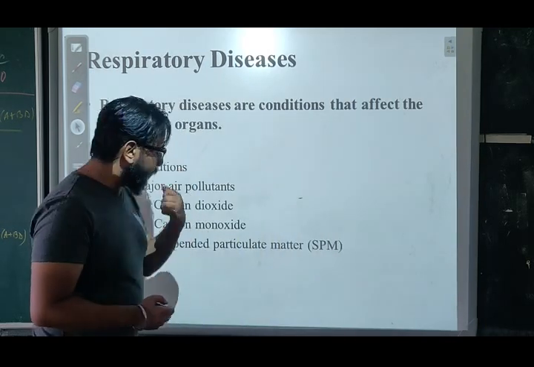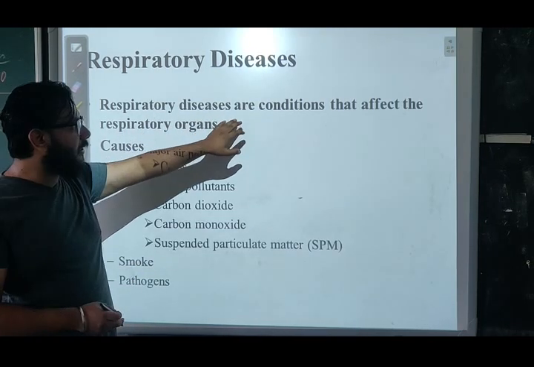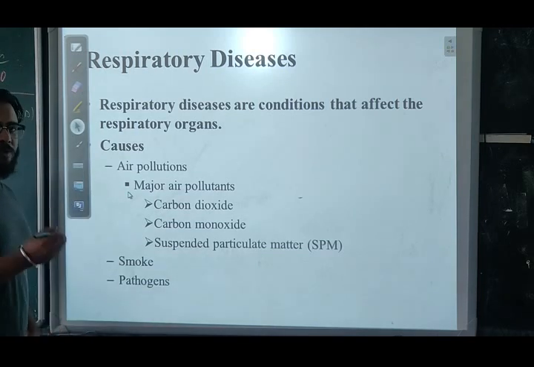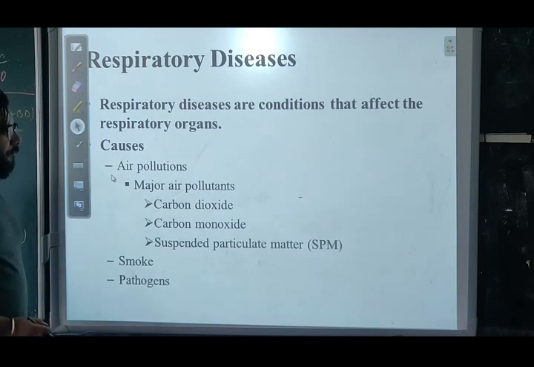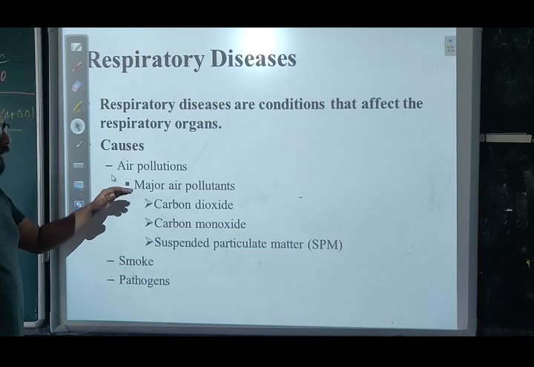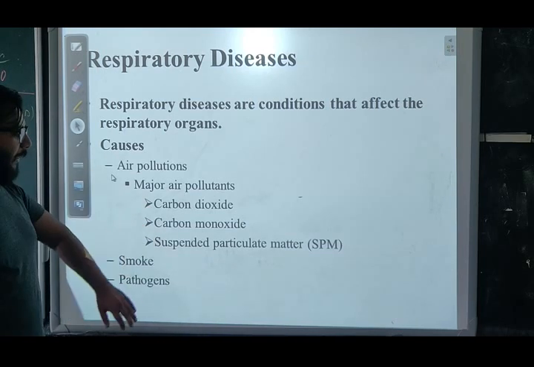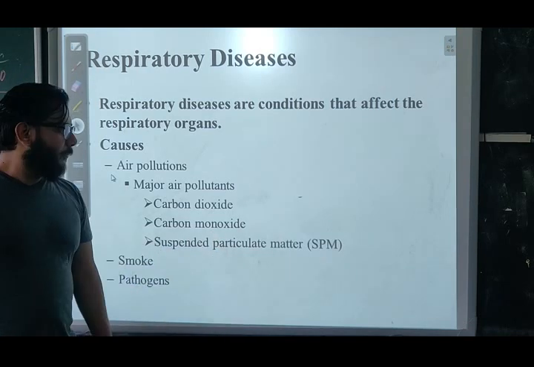So what are respiratory diseases? Respiratory diseases are conditions that affect the respiratory organs. We've discussed that. What are the causes? The causes are air pollution. The major air pollutants are carbon dioxide, carbon monoxide, and suspended particulate matter, which is also called SPM.